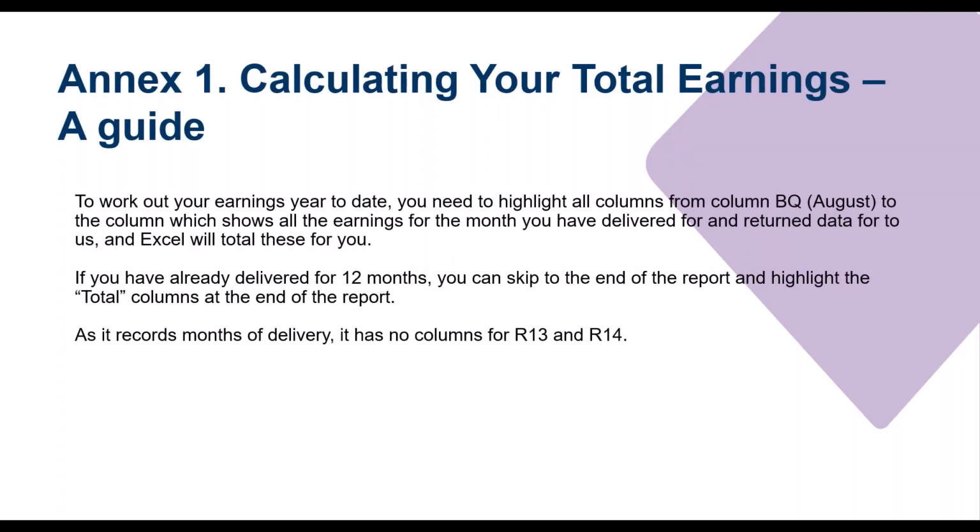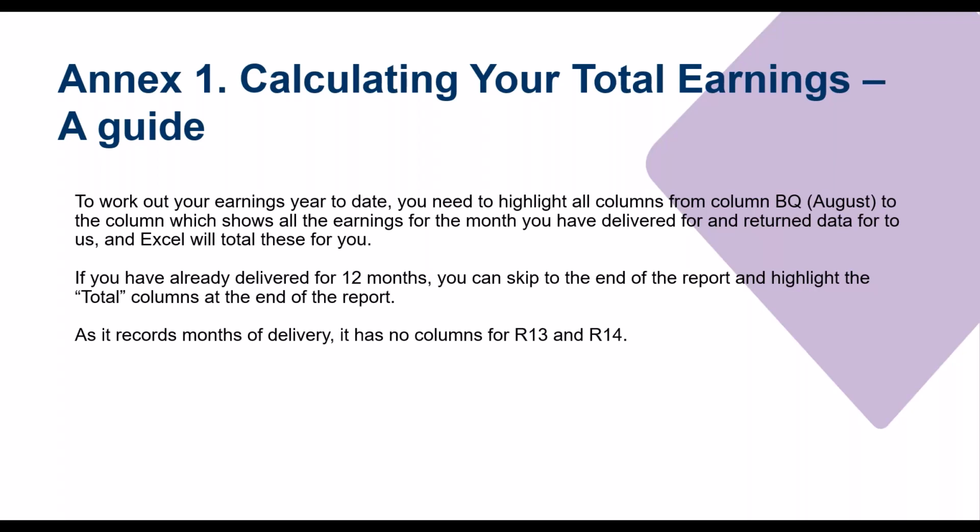The next two slides I've written up for people who've not used these reports before. I'm not going to read through them because you can read through them in your own time. Basically, the first one is just a basic guide on which columns to refer to, to calculate your total earnings for either a period of months or for the entire year.